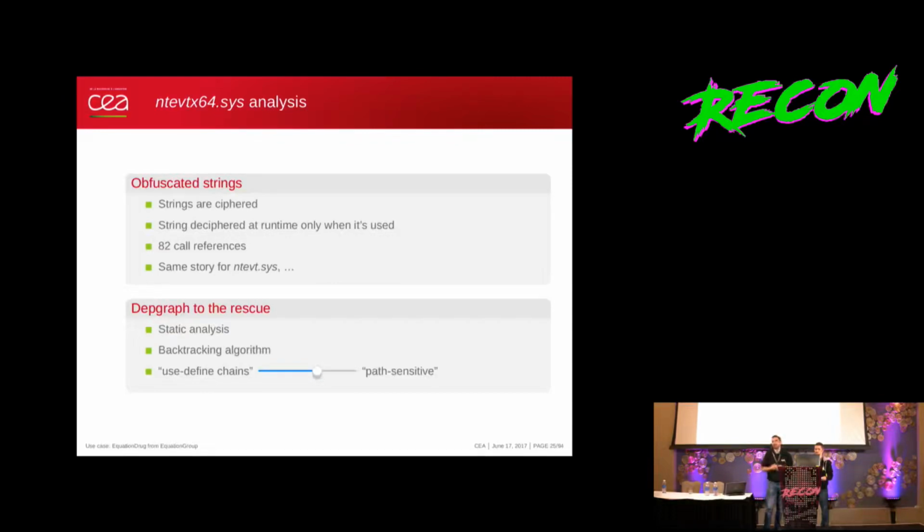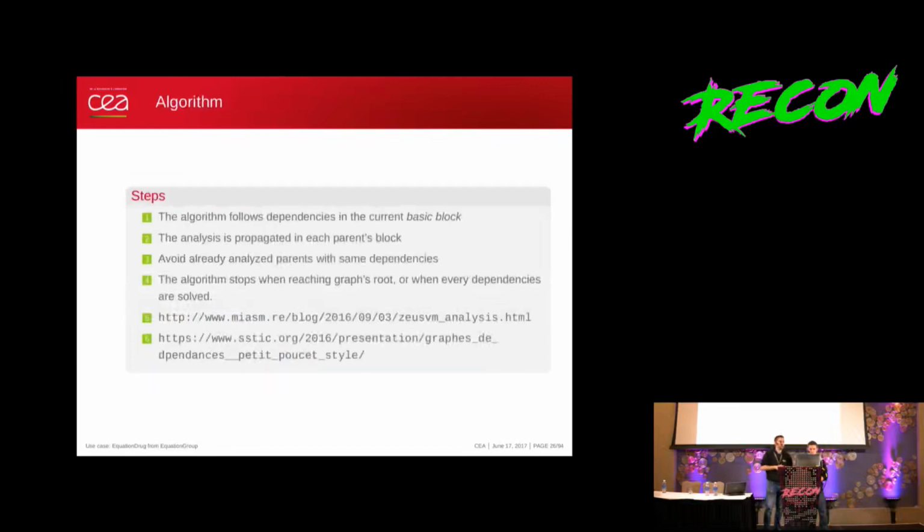So, for example, if you have a loop which executes 1,000 times, it will do the research 1,000 times for the same block. So it's a bit painful. And the use-def chains give one full solution for a function which will be independent of every path. So it's a bit hard to use its results.